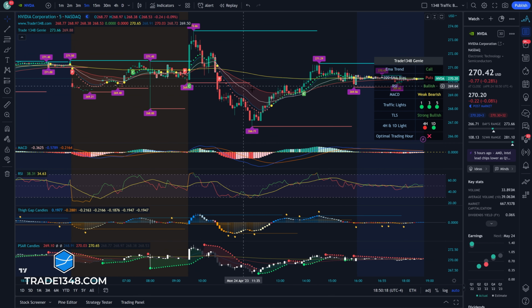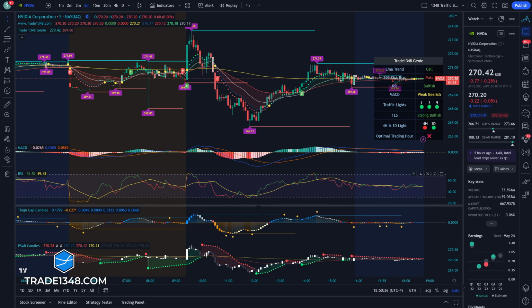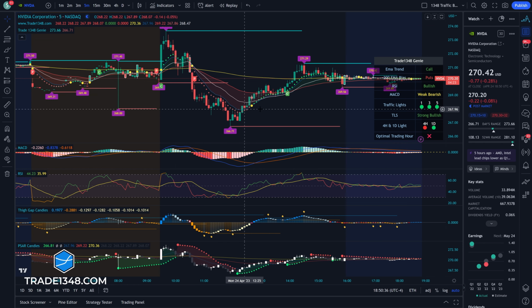Now, the pilot's going to use different instruments to gauge different things, whether it's altitude, whether it's the weather, headwinds, tailwinds, all that kind of stuff. We are using different indicators to help give us an idea of what's happening.